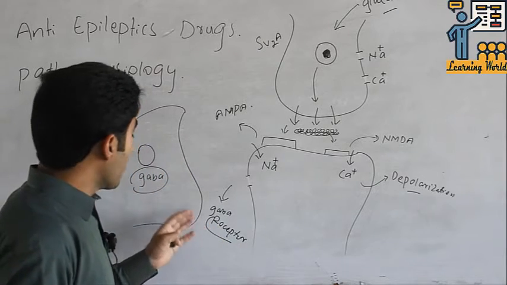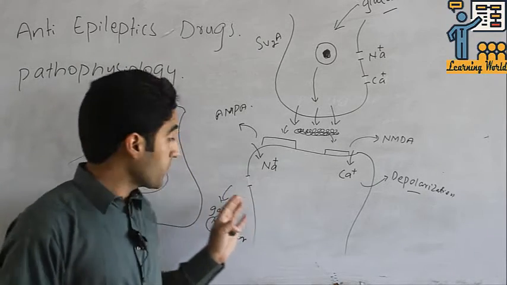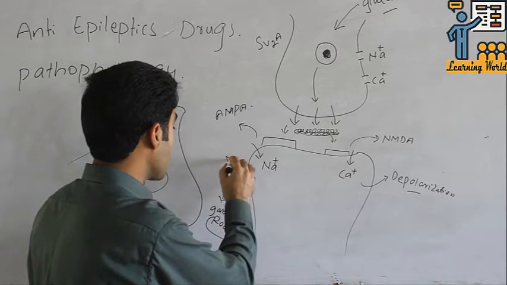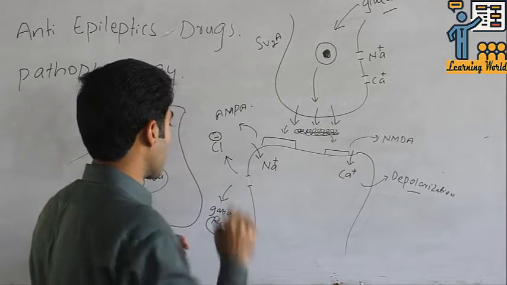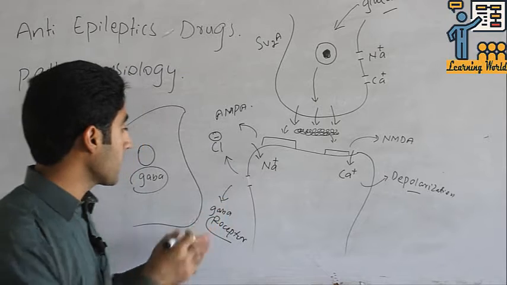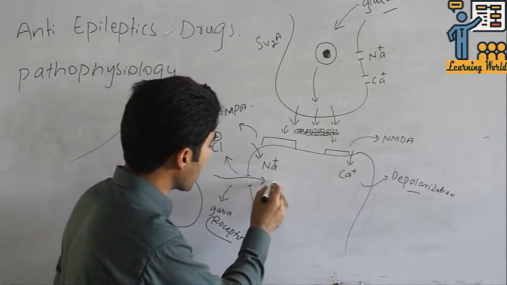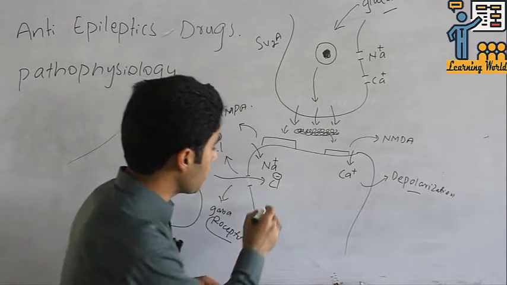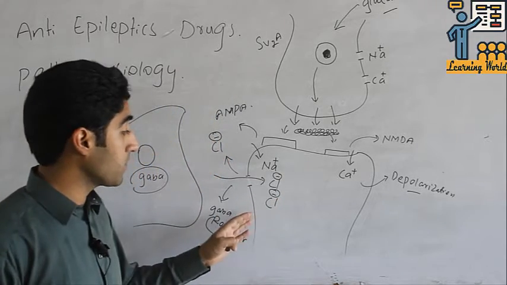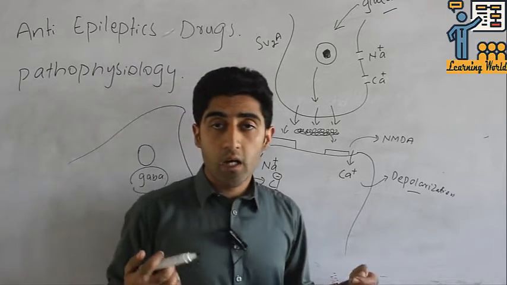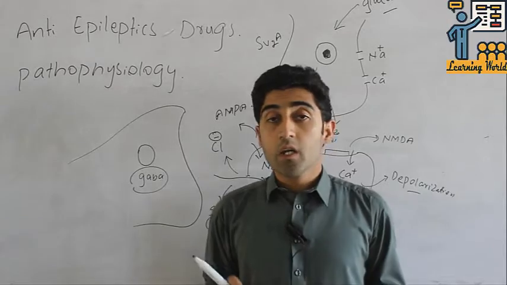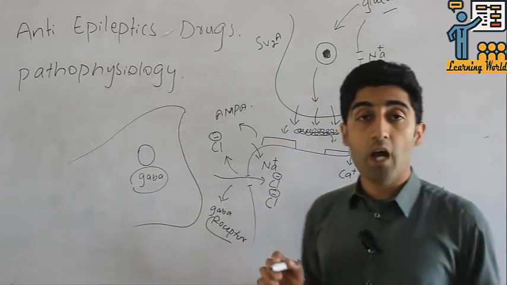When it attaches to this GABA receptor, these are actually chloride ion receptors. It will increase the chloride ions inside the postsynaptic membrane, and as we know, when the negativity increases inside the postsynaptic membrane, it will cause hyperpolarization.